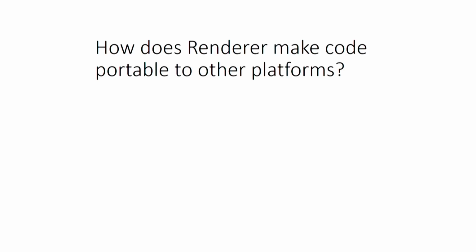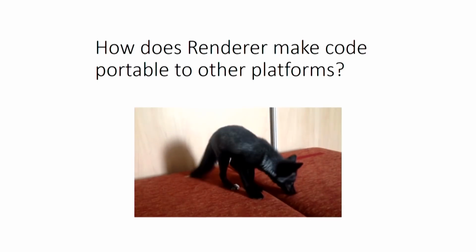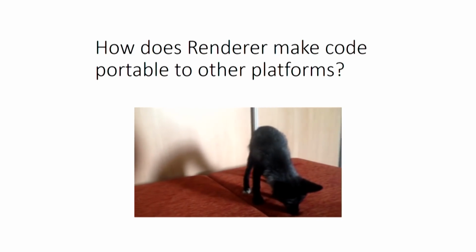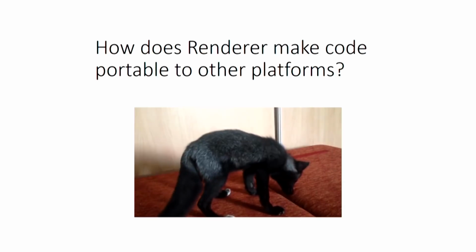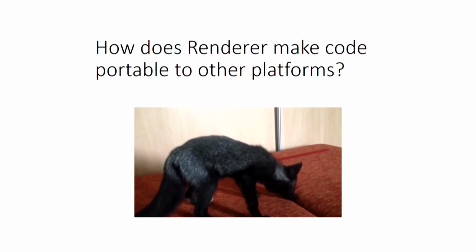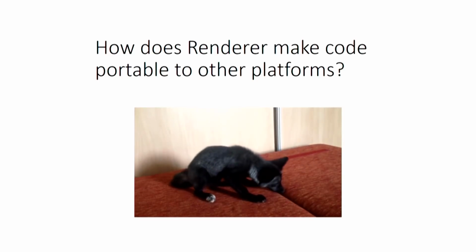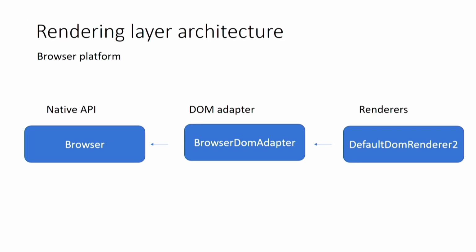So the renderer is not simply a wrapper around the native platform API, right? To find that out, I had to dig down into the sources of the universal and web worker platforms. I couldn't really stop until I reverse engineered the entire rendering layer. Let's take a close look at it.